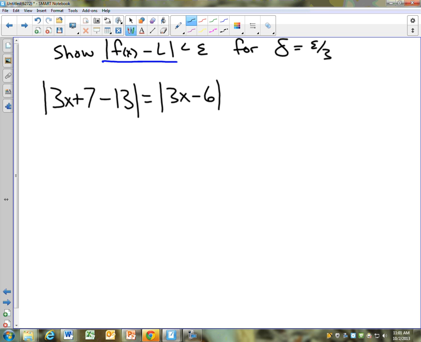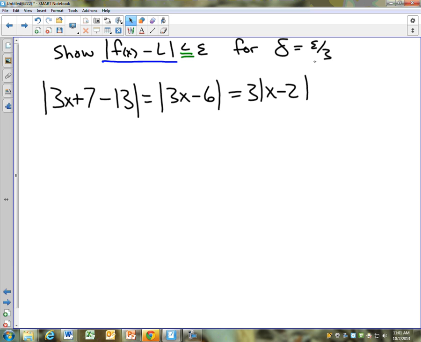You okay with that? Still not going to use the less than sign. Does everybody agree that that's equal to this? Now I'm going to use the less than sign. Now I'm going to use this one right here.